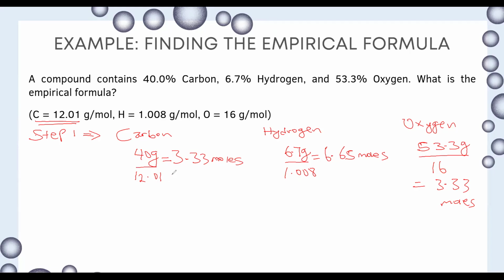Thank you very much. What is the smallest value among the three of them now? 3.33. Thank you very much. So the smallest value is 3.33. We are going to say 3.33 divided by 3.33. The second one, 6.65 divided by 3.33. And then the third one, 3.33 divided by 3.33.